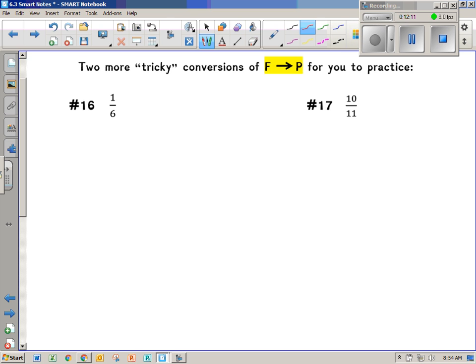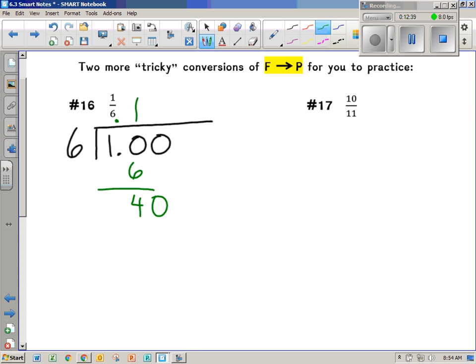So here's a couple more examples of the tricky type of going from a fraction to a percent. So you could either follow along with me or pause and try it and then come back. I'm going to go ahead and just keep going with it. So let's say I have 1 over 6. I know I'm going to a percent, so I'm just going to go ahead and put my 2 zeros, and I know I'm going to stop there. So pick up my decimal here and start dividing. 6 into 10, 6 into 40.